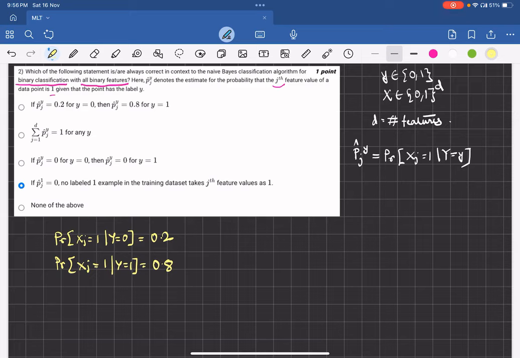This is not true, because they are actually independent. Why they are independent, we will see. In fact, we can have any number instead of 0.8. This can be 0.2 also. This can be any number.